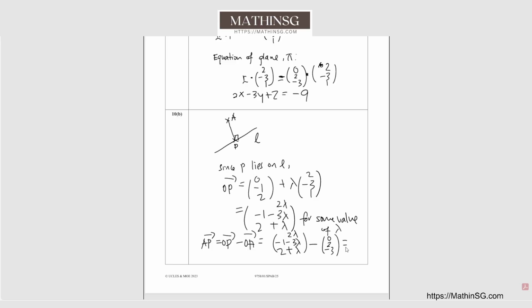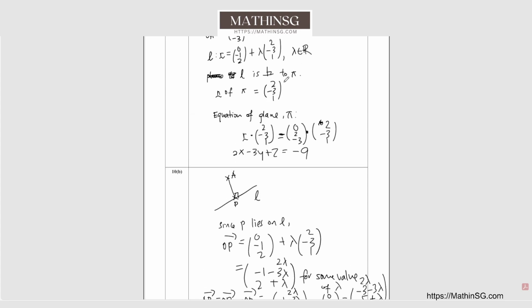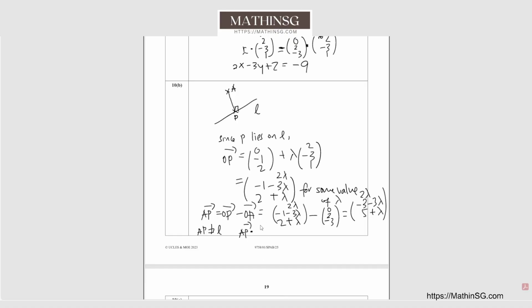Okay, so with that, I know that AP is (2 lambda, -3 lambda - 3, 5 plus lambda). Then I know that AP is perpendicular to L. That means AP dot the direction vector of the line, which is simply (2, -3, 1), equals 0.